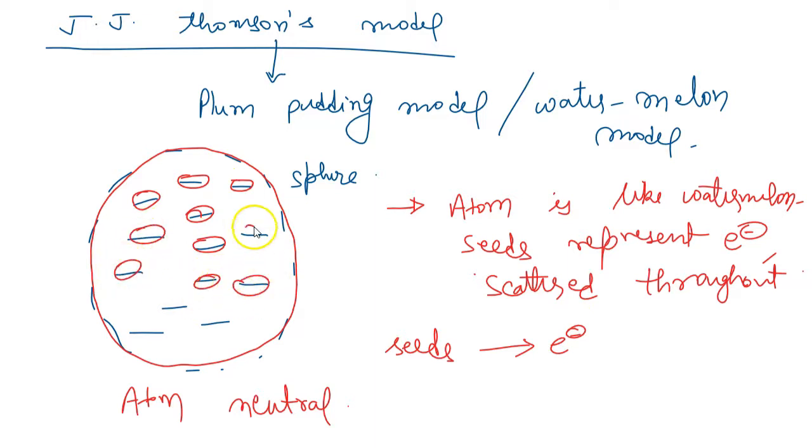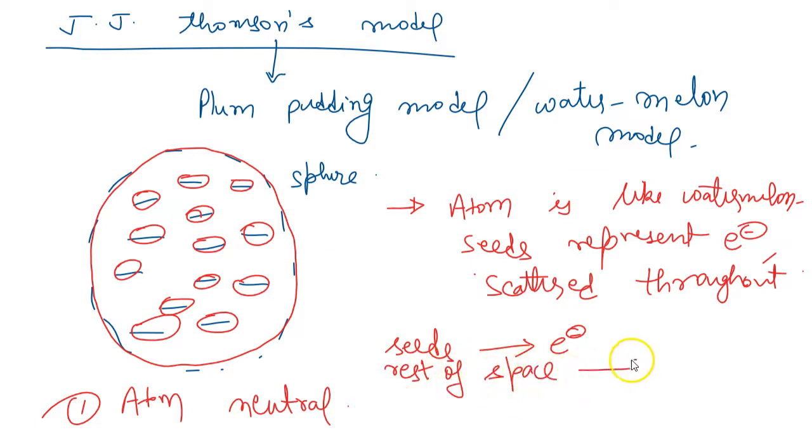So he said, in order to prove this neutrality concept, that the rest of the space, that means the space excluding the seeds, is positively charged. That means the region is positive.